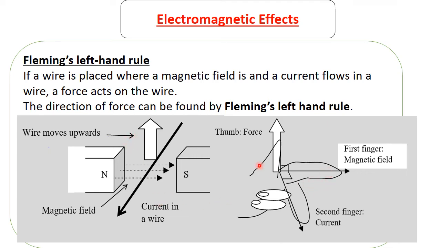Okay, let's try a third situation where we go back to this initial arrangement. Then we change the direction of the magnetic field, maybe with the north pole here and the south pole here. Then the direction of the magnetic field is from right to left, meaning that this has to point to the left. So how can you turn this so that you point to the left?